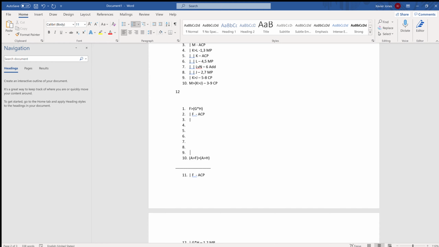If F then A? Maybe we can prove if F then not A. Like, we could prove if F then something, or we can prove if G and H then something.